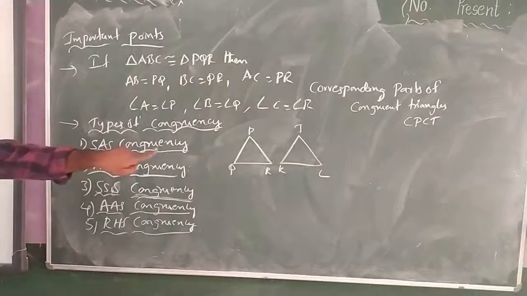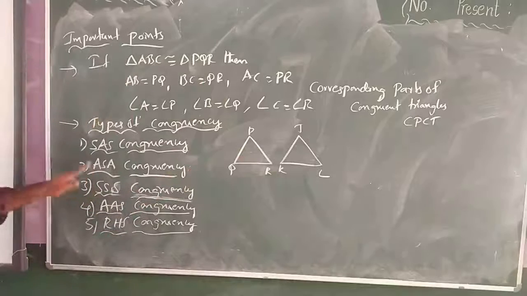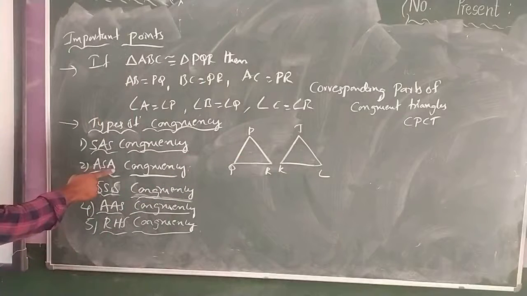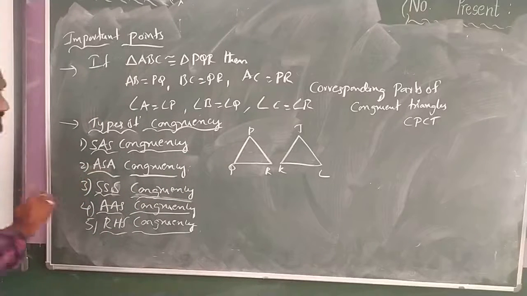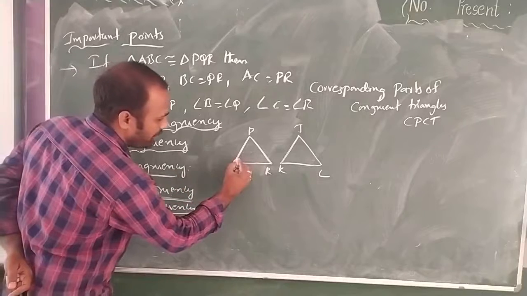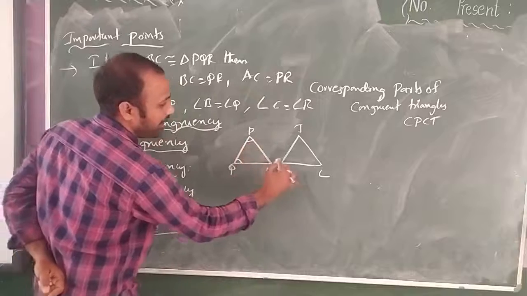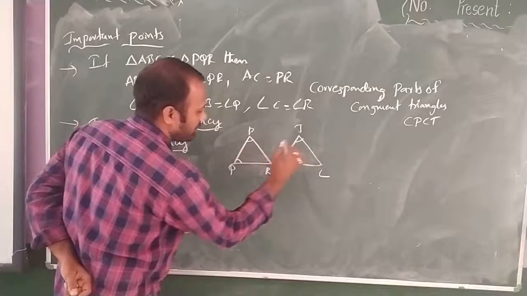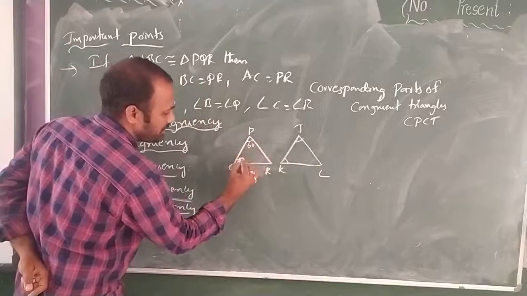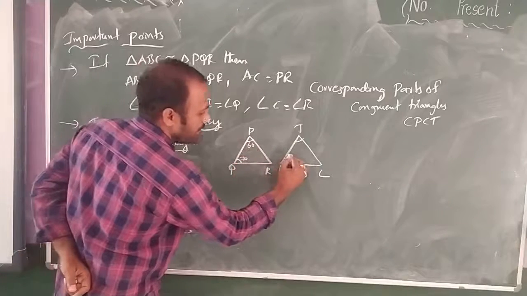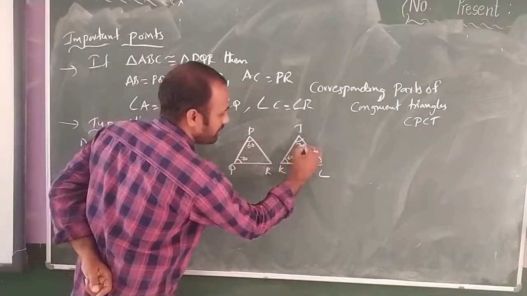So if I want to prove these two triangles by using the ASA congruency rule, I need to have two angles and the included side. It means that if I take this Q angle and P angle, and here K angle and J angle, let me take here 60, here 70 degrees, here 60 degrees, here 70 degrees.